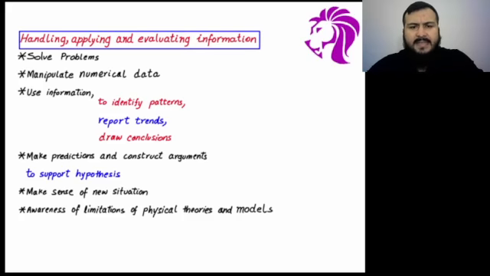Does it have some limitation? Let's recall it together.